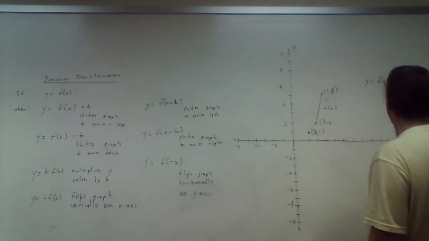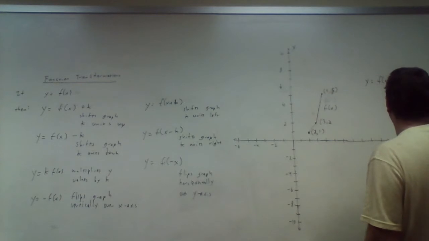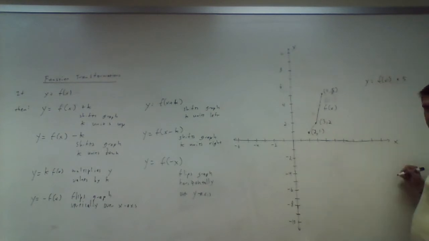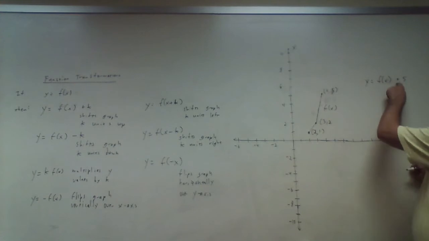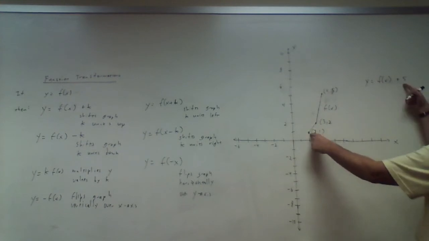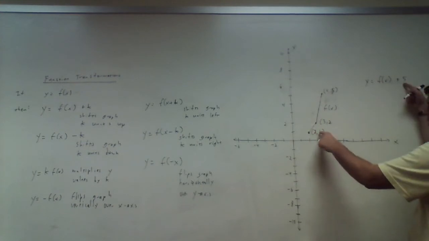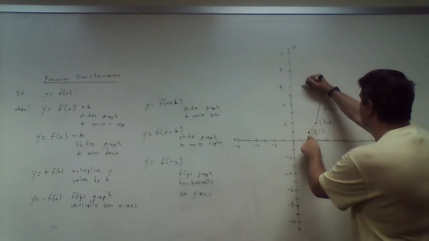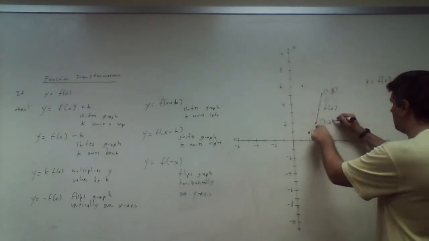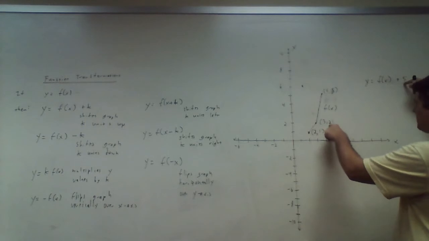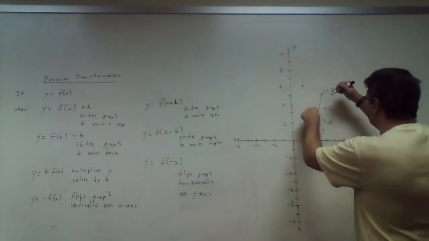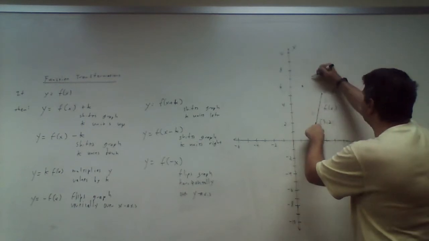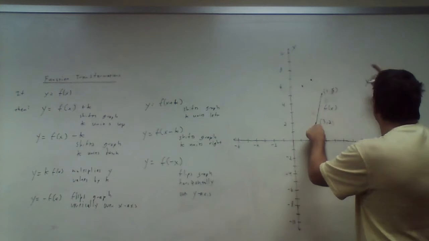Let's say I have y equals f of x plus 5. So what I will be doing is adding 5 to every y coordinate. So 1 plus 5 is 6. Two plus 5 is 7, so that goes up 5 units.